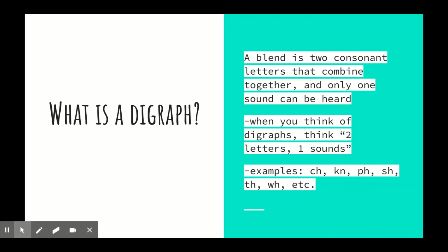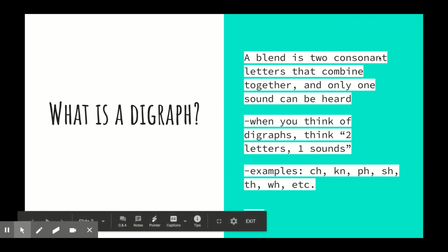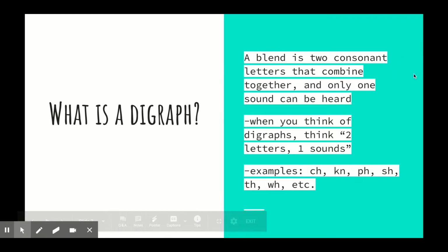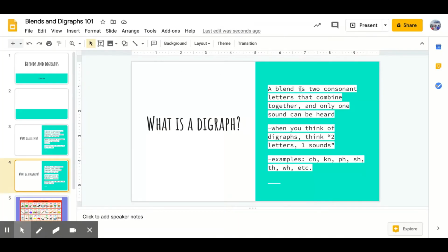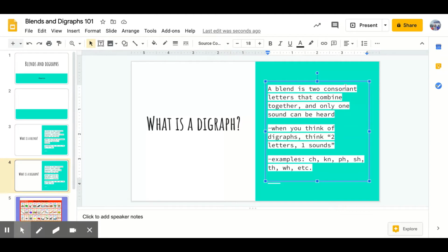A digraph, on the other hand, is two consonant letters that combine together and only one sound can be heard. So let me go back. I'm going to adjust this because the slide says blend and we are not talking about blends. So sorry. So digraph. There we go. That's what we want. Perfect.